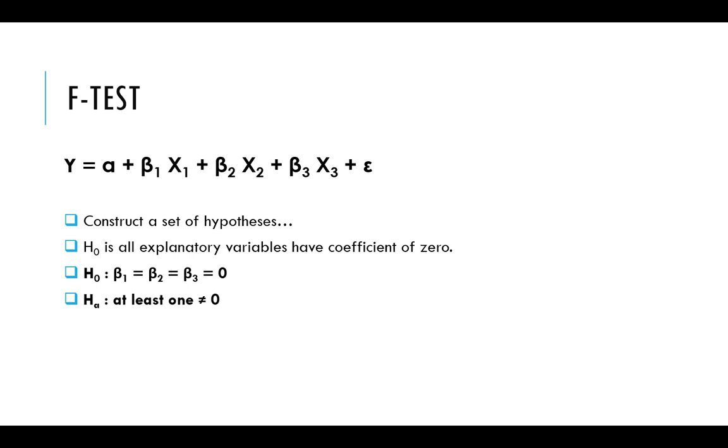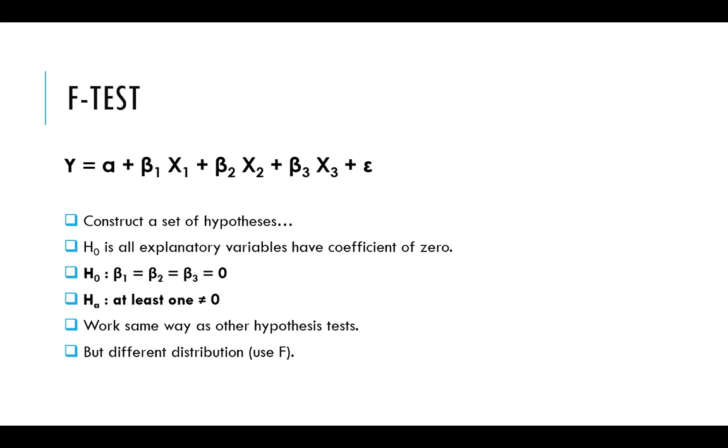And my alternate hypothesis has to be a violation of the null hypothesis. So it doesn't have to be that all three are significant and not equal to 0. It has to be that at least one of them, that there's at least something in my model that has explanatory power. As I said, all we're doing is a hypothesis test, and you already know how to do this. So we're doing exactly what we've done before in other modules.